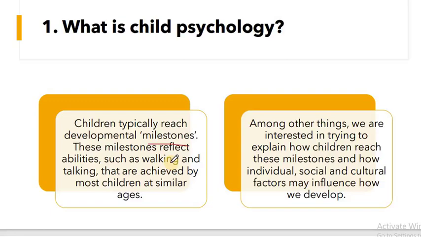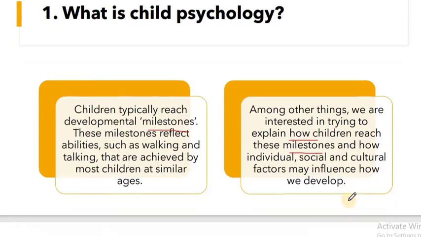We are going to talk about this in more detail. Among other things, we are interested in explaining how children reach these milestones and how individual, social, and cultural factors may influence how we develop. There's a time in life when a child is supposed to start walking or talking. So we want to look at how individuals, the environment, and social and cultural beliefs can influence the growth or development of a child.